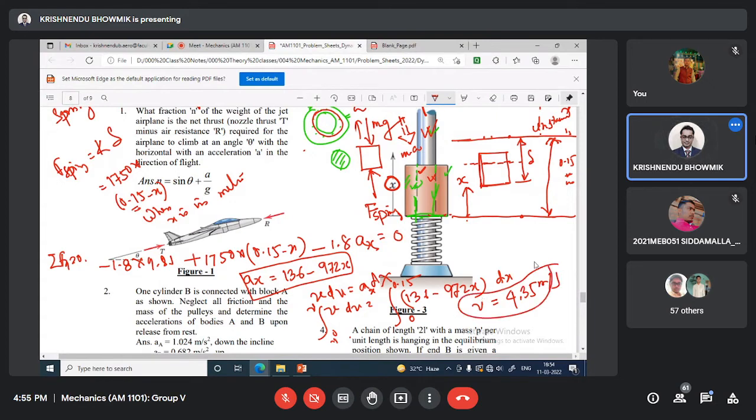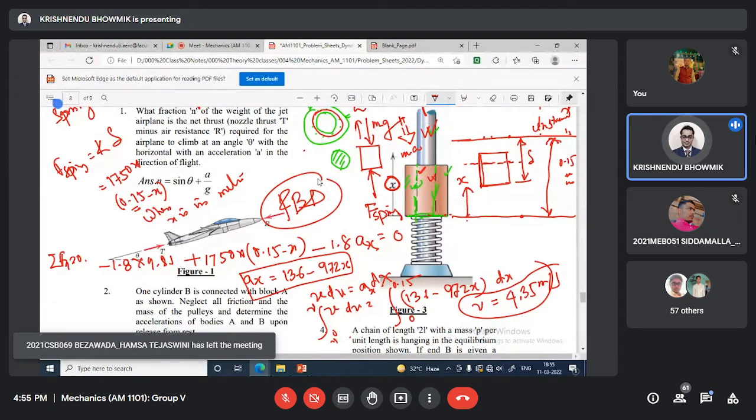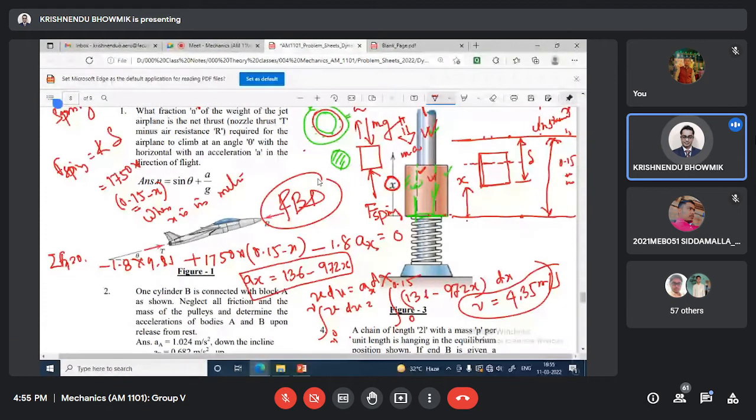So what we have utilized very carefully: we have drawn the free body diagram, so don't forget to draw the free body diagram along the vertical direction. We used the definition of stiffness, force required for unit displacement, to calculate the spring force.